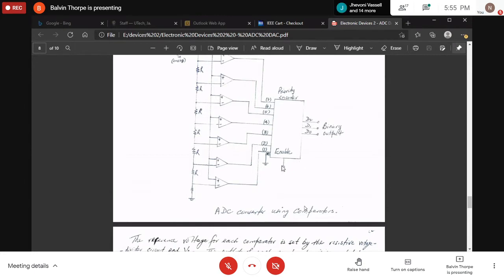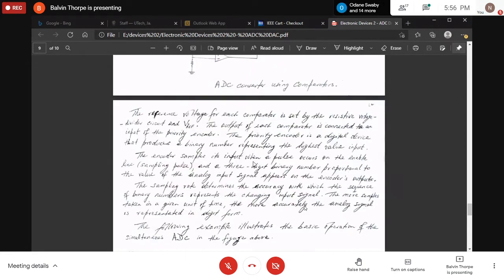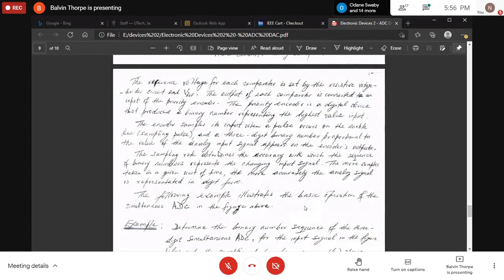So the encoder again is like the gateway. Before anything is passed from the input of the encoder to the output of the encoder, the enable is what checks these and makes that passage based on what is available at its input.